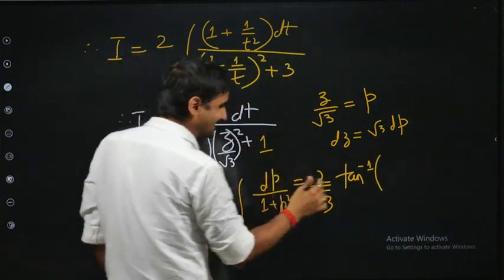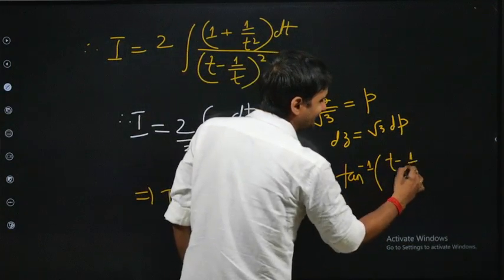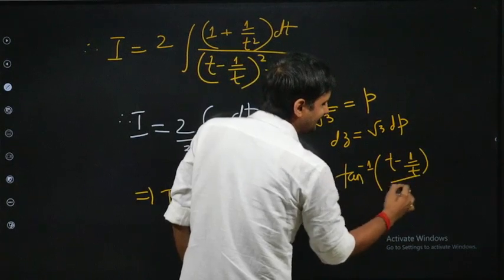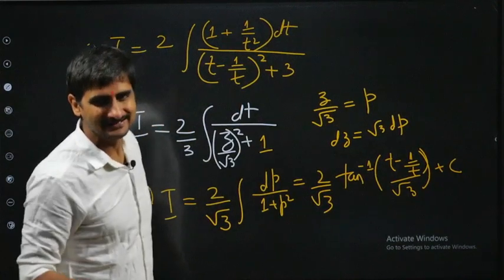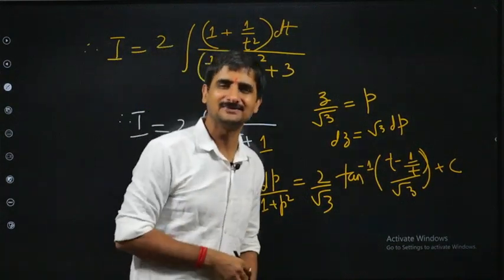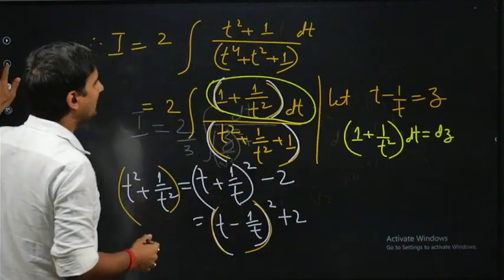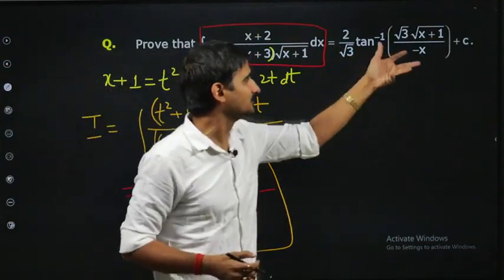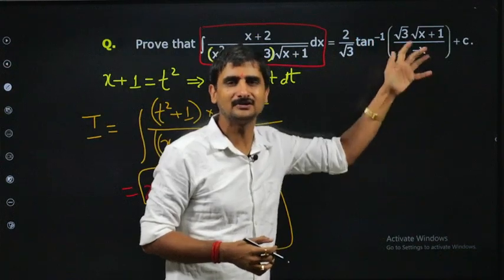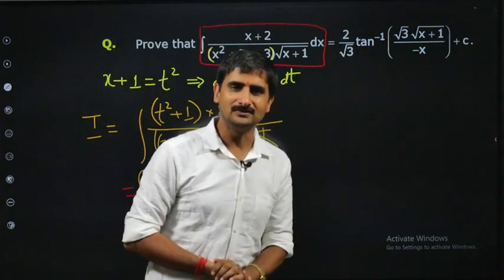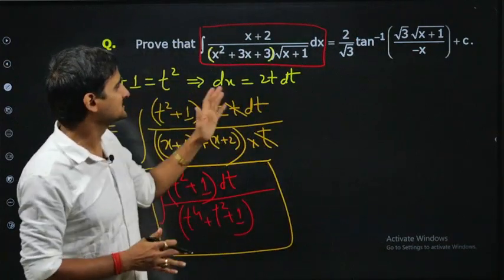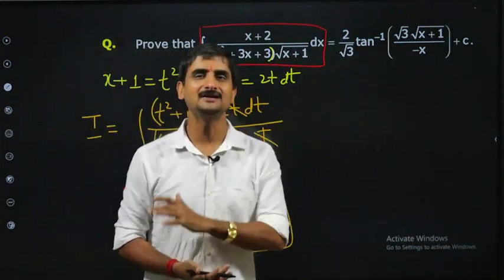So let's do it one by one: z by root 3, plus c, and then you can replace t by root of x plus 1 to get it. I think that's what we needed. Yes, almost the same, 2 by root 3 tan inverse of whatever. You simplify it, and I believe you will get it in that form. So that was the question for today of indefinite integration.